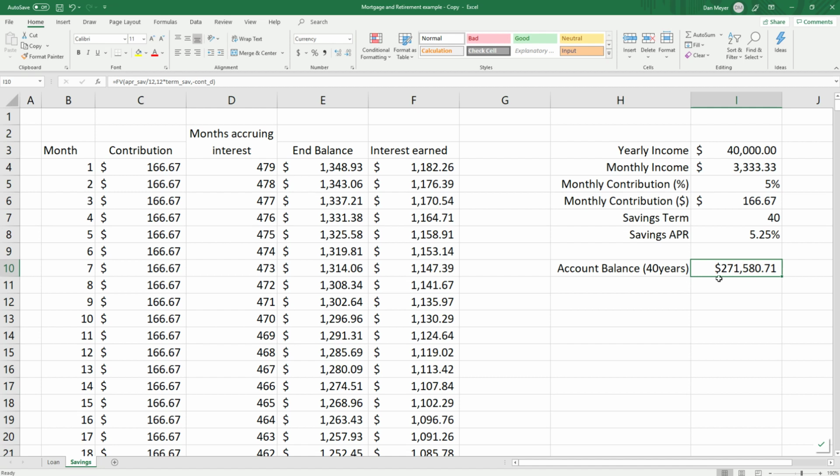So again, the default computation that Excel does for this FV function is assuming that we're making these contributions at the end of the month. Now, notice that there are a couple of optional arguments for Excel.